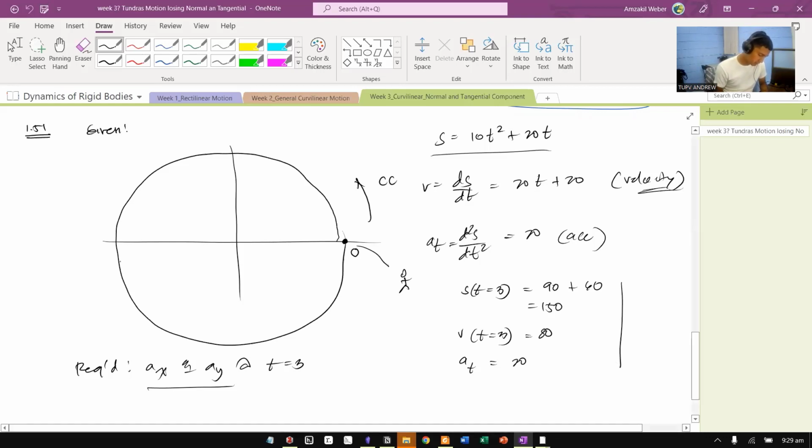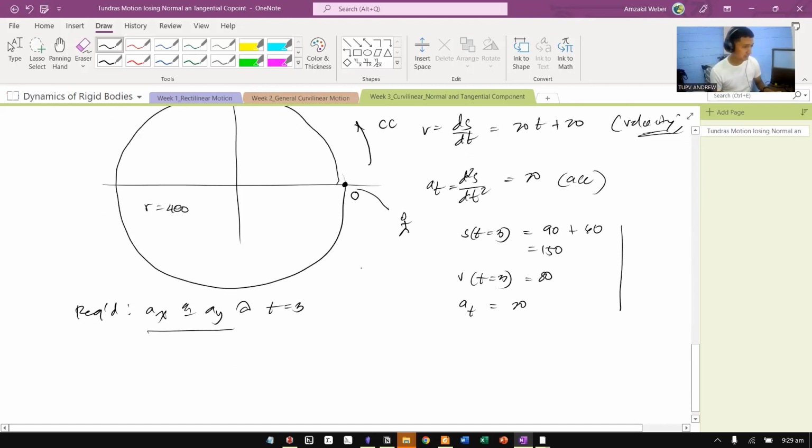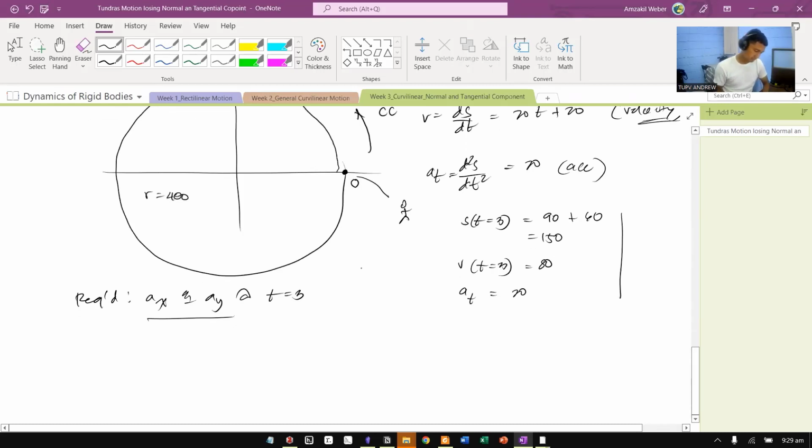Now, the given radius is 400 feet. How do we know the angle? Let's apply some algebra. We know that the arc is r theta, where theta in degrees is the angle over 180.